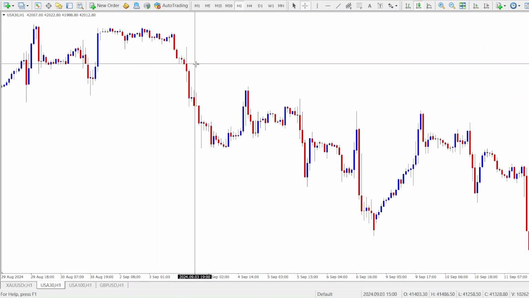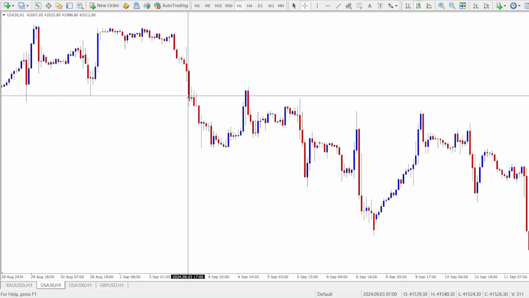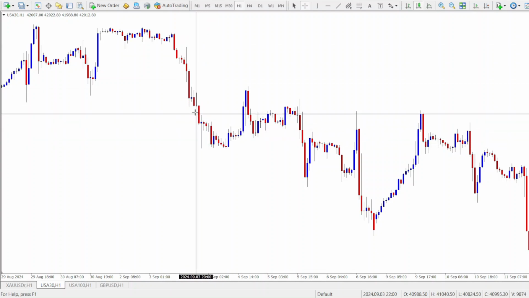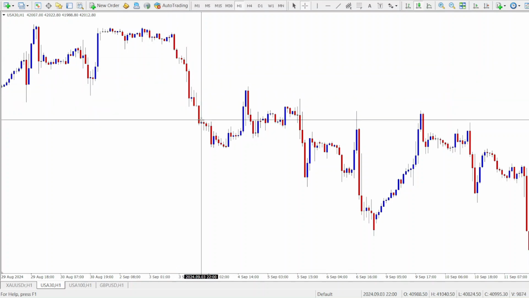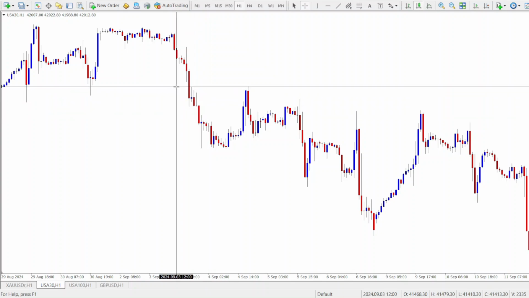So when you want to identify a bearish pennant pattern, the first thing you should look out for is this sharp movement downwards, a steep, nearly vertical price drop. Now, this drop should happen over a relatively short time frame.